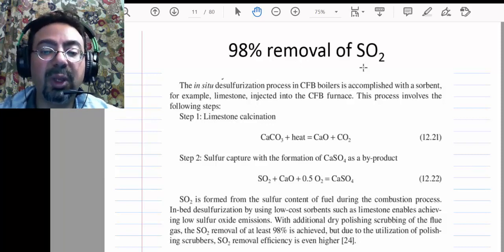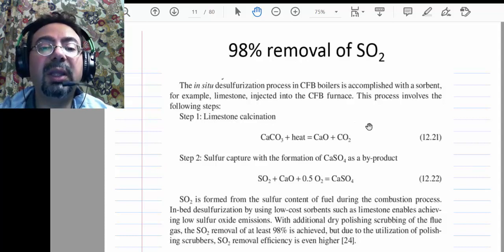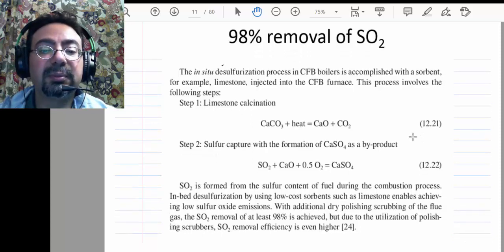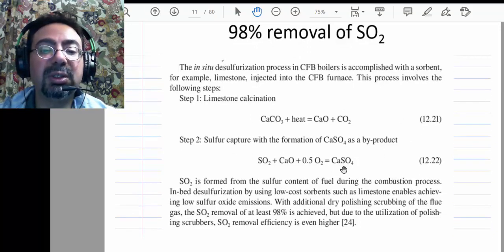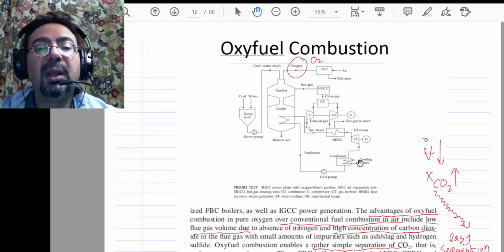We are banned from burning them, and we actually export them. What other countries do is another story. We cannot burn a certain type of coal if it has too much sulfur in it. But here is how you can get rid of the sulfur, by using limestone. These are the equations that allow you to get rid of the sulfur.